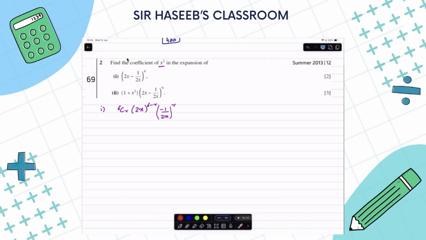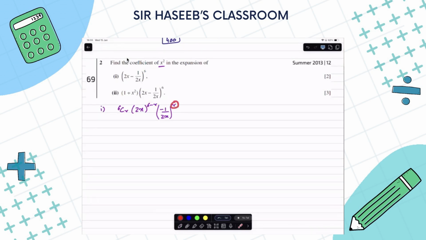Now, I'll tell you one more method to make things quicker. But that technique is going to work 100% of the times. And that method is that this power and this power should add up to 6. Do you agree? Wait, can you go again? These two powers should add up to 6, right?